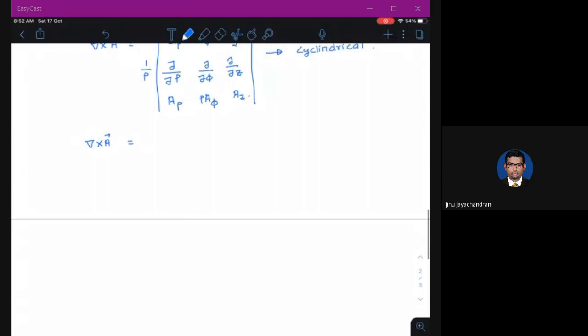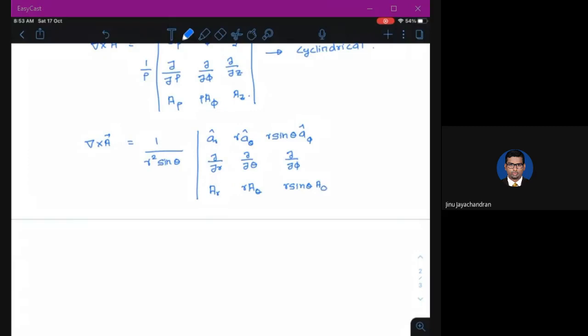A is equal to 1 by r square sine theta times the determinant of AR cap, R A theta cap, R sine theta A phi cap, then dou by dou R, dou by dou theta, and dou by dou phi, and similarly AR, R A theta, R sine theta A phi.